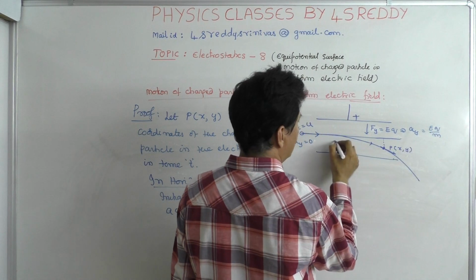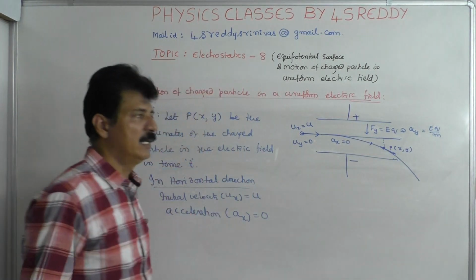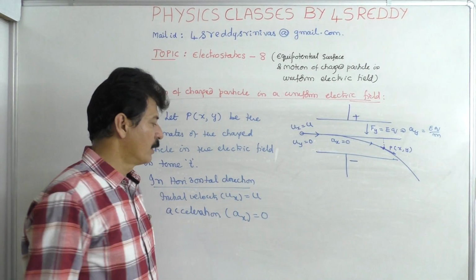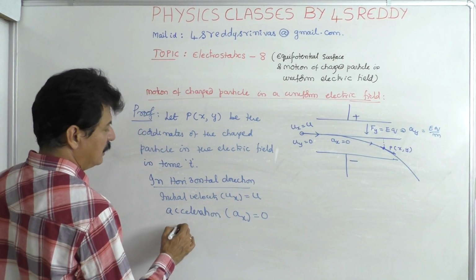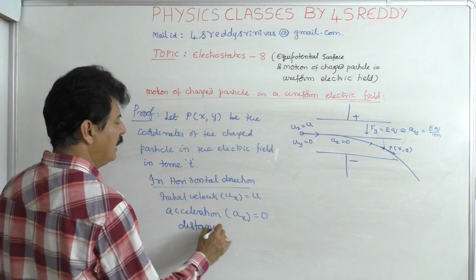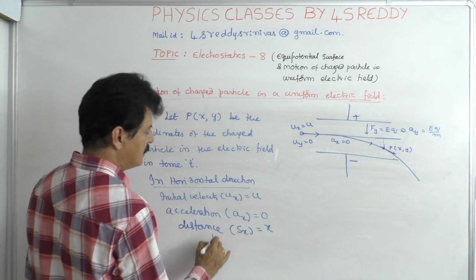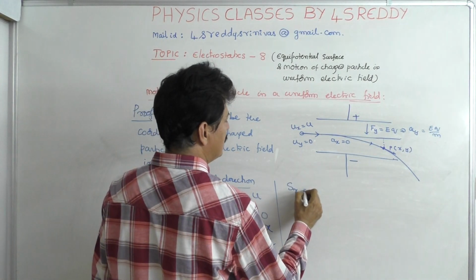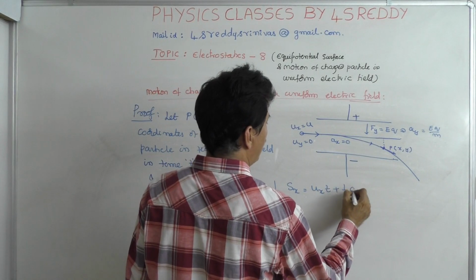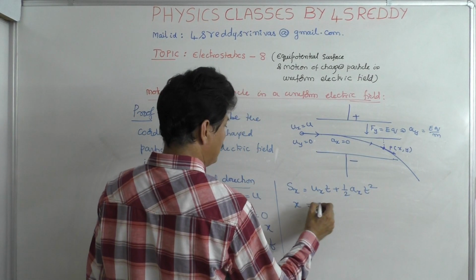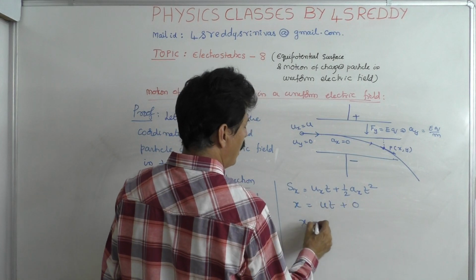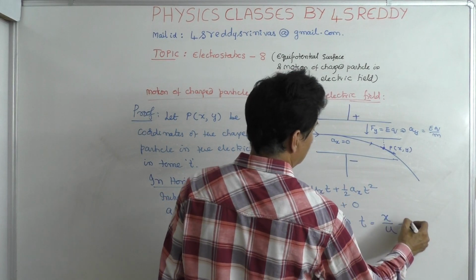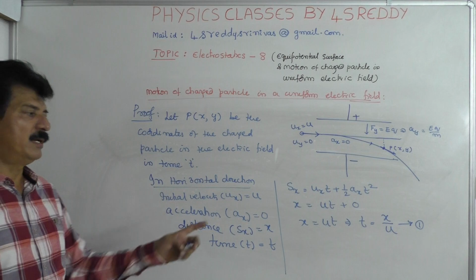In the horizontal direction, it moves with a constant velocity, so acceleration is 0 because there is no force in the horizontal direction. The distance traveled is sx equal to x and time is t. Then sx is equal to ux t plus half ax t square, or x is equal to ut plus 0, or x is equal to ut, which implies t is equal to x by u. Let us say that is equation number 1.